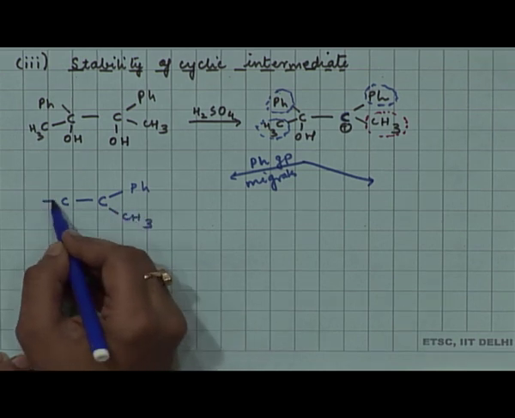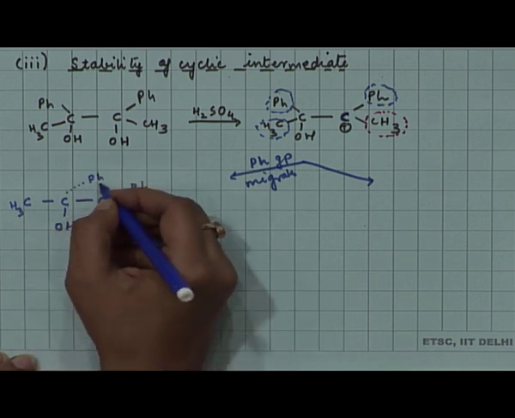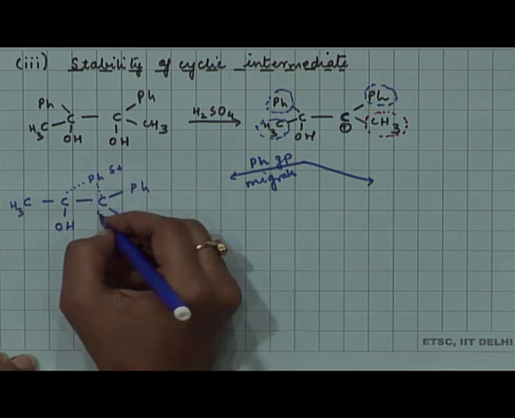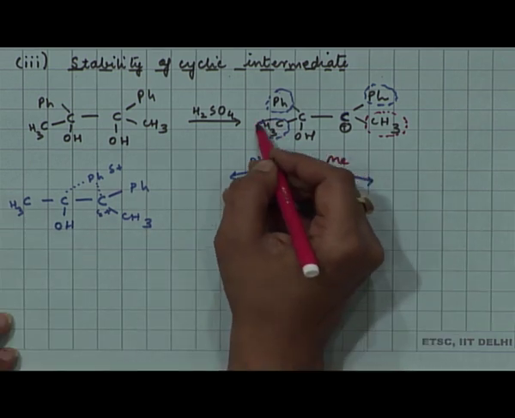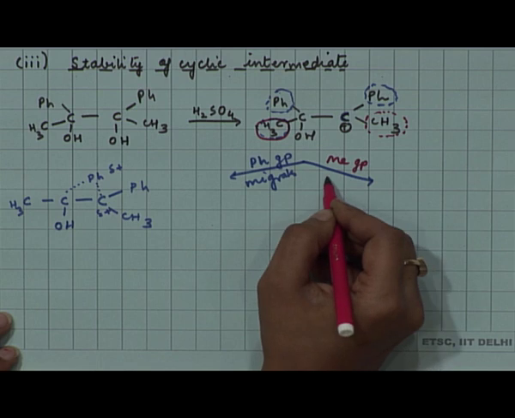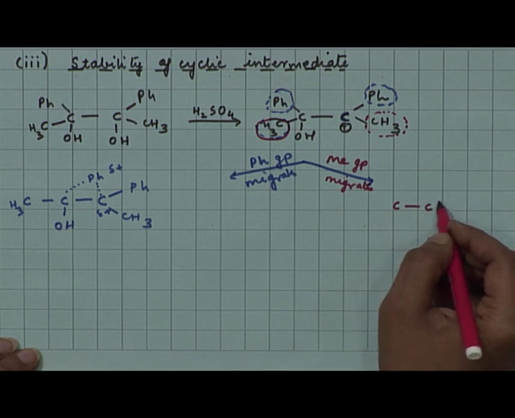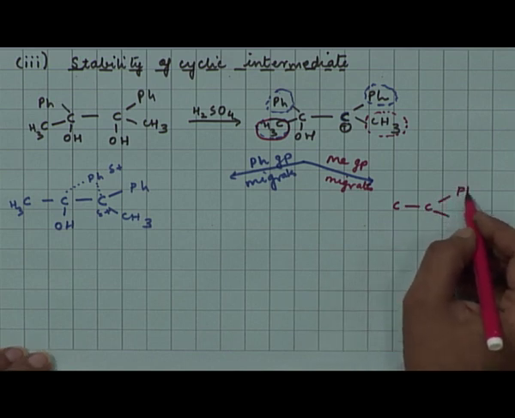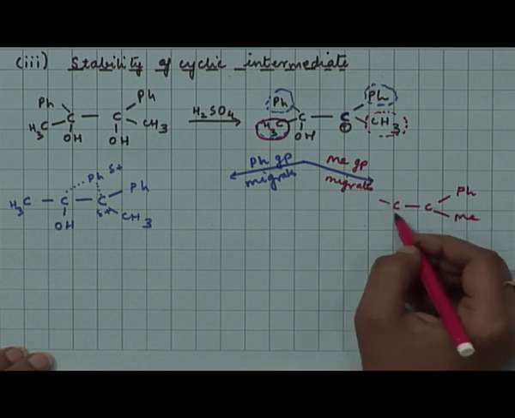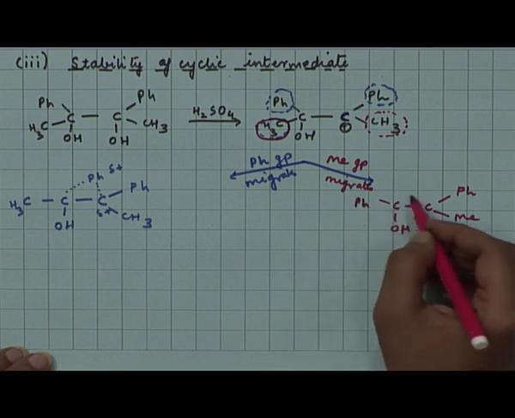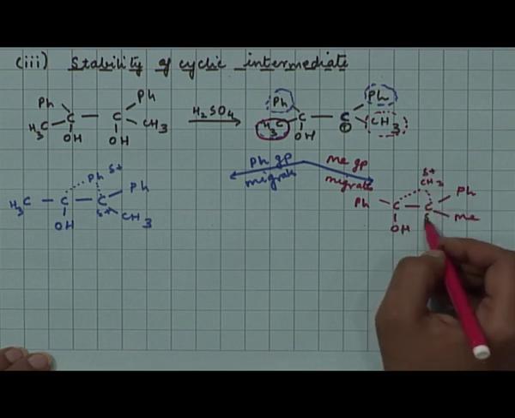On this carbon, the phenyl migrates, and this is the intermediate which you get. If the methyl group migrates, this is the intermediate which you get.